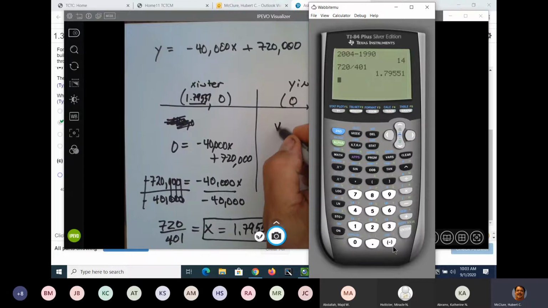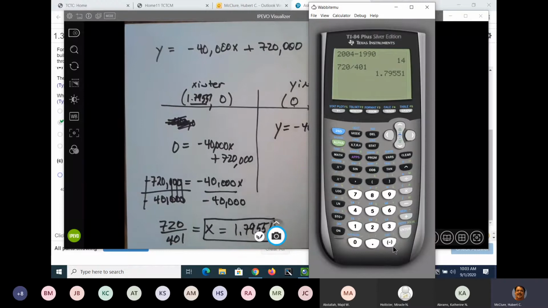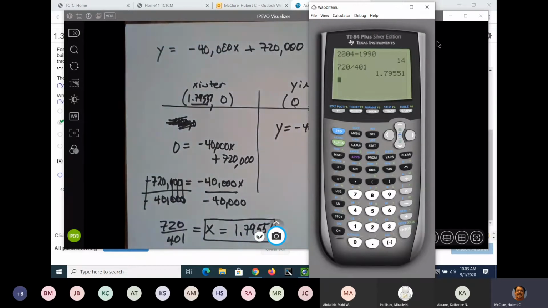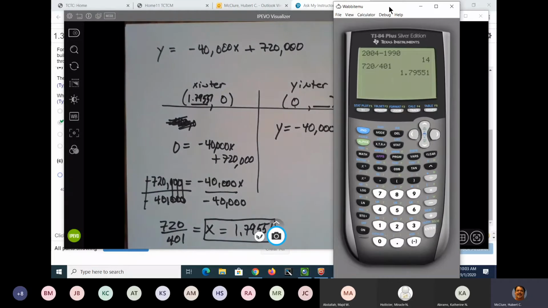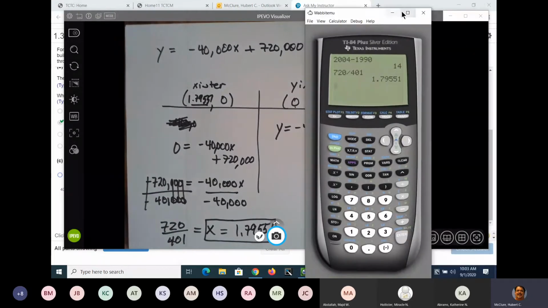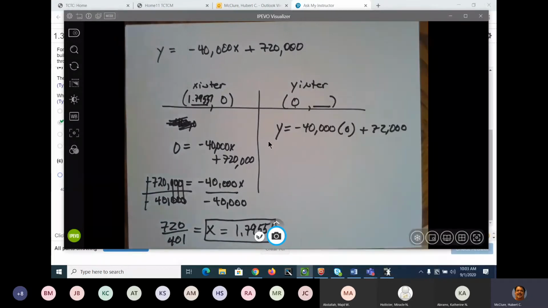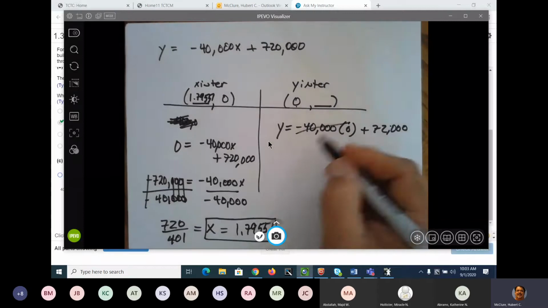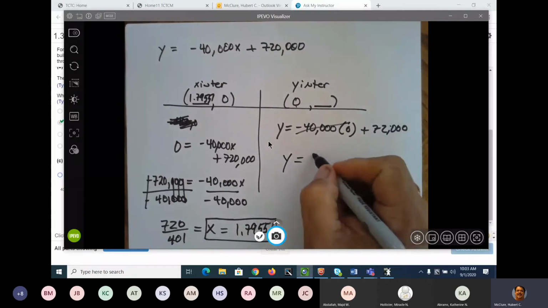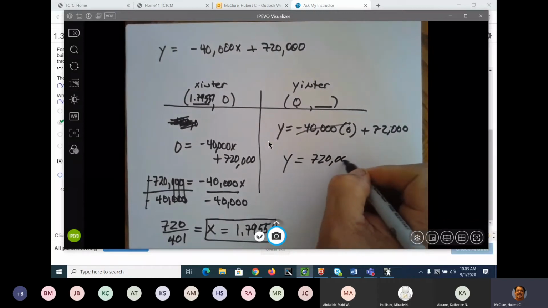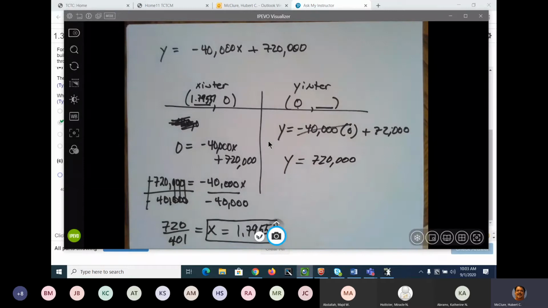Y is equal to negative 40,000 times 0 plus 720,000. Sorry, hold on. Let me just get rid of it. So the y-intercept is equal to 720,000. Or you can just graph it with the calculator and match it up.